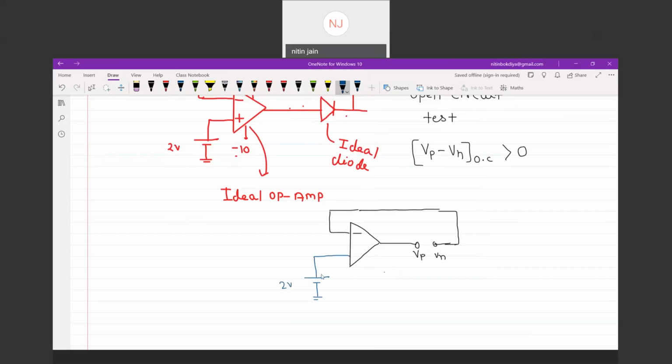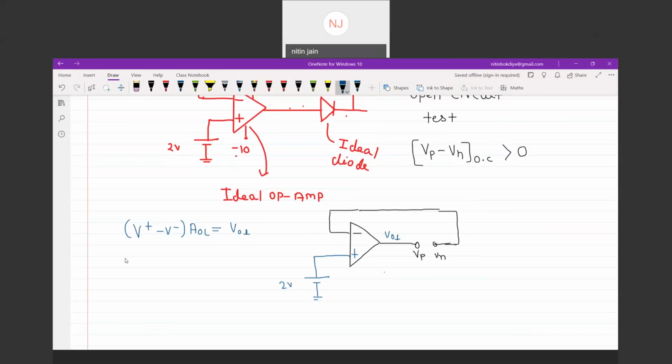So what is the idea for conduction? V plus minus V minus into AOL, the open loop gain, is equivalent to, let's say, V01, the output of the op-amp.